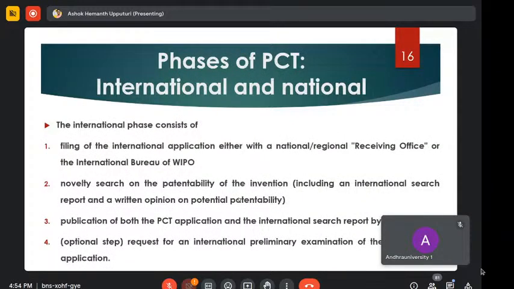And the phases of PCT: international and national.